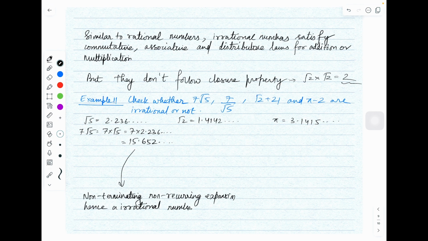If you multiply that with 7, you are still going to get a non-terminating, non-recurring expansion. Understood?